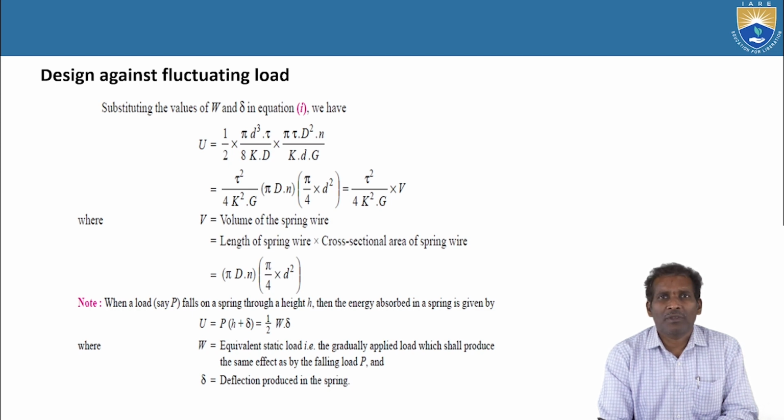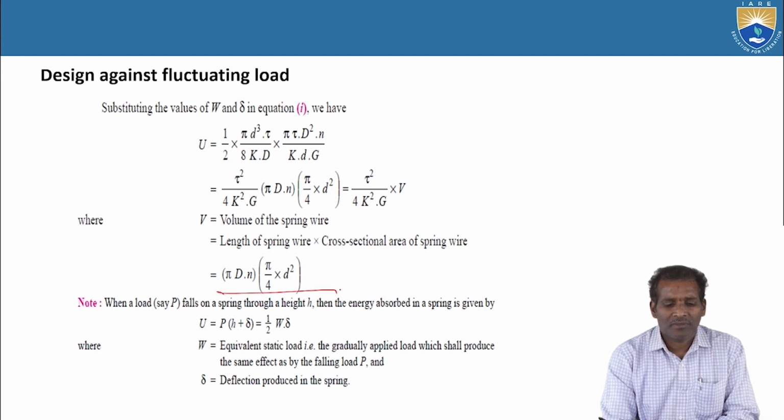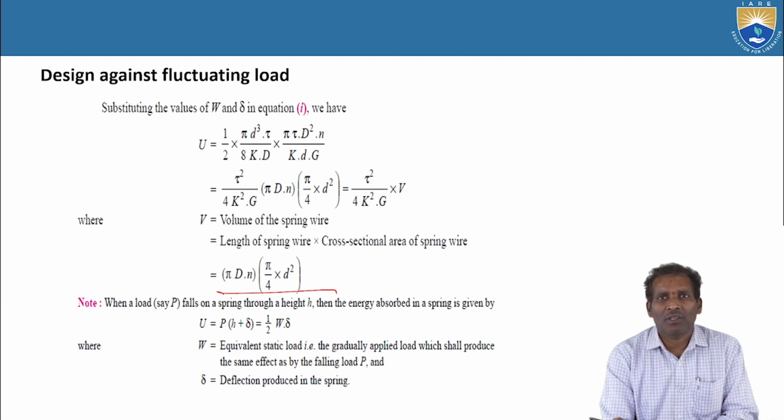The volume of the spring wire depends on the length of the spring wire and the cross-sectional area of the spring wire. The volume of the spring wire is the product of the length of the spring and the area of the spring wire.